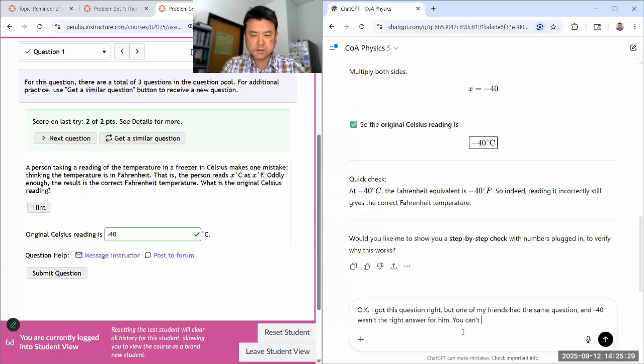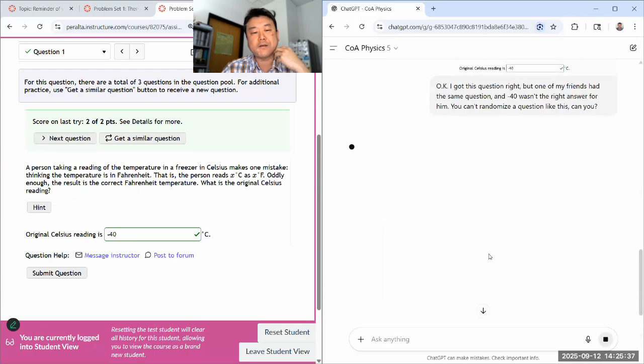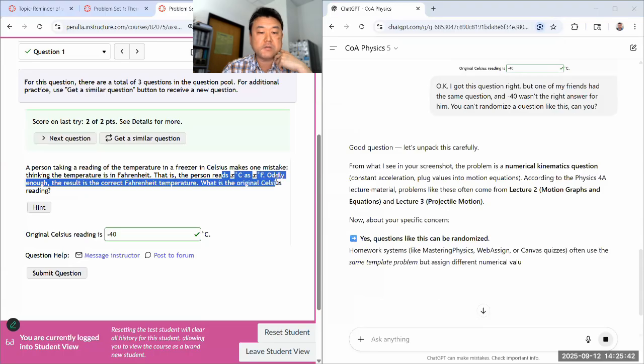You can't randomize a question like this, can you? I wonder if ChatGPT will guess possible randomization. So the randomization is making a mistake with regard to the sign.